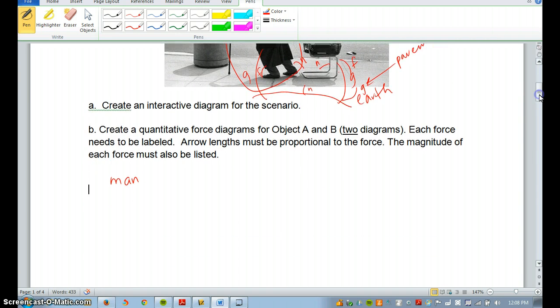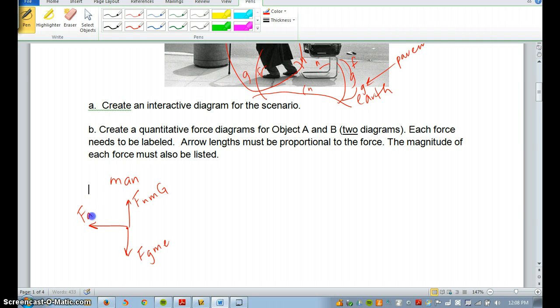And so we did say he had a gravitational force. So I write Fg. Remember, it's between the man and the earth. I have a normal force between the man and the ground. And in this case, the man looks like he is pulling the object in this direction.